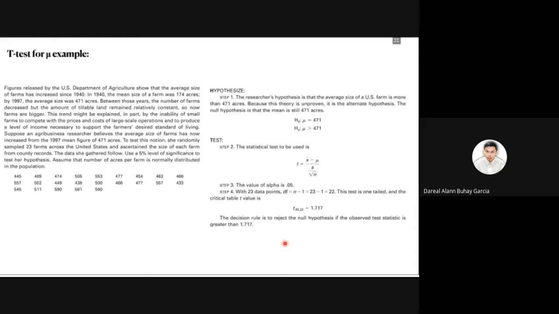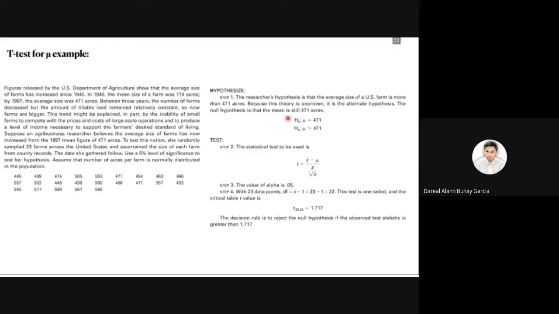To test this notion, she randomly sampled 23 farms across the United States and ascertained the size of each farm from county records. The data she gathered is as follows. Use a 5% level of significance. So these are our data, 23 samples.